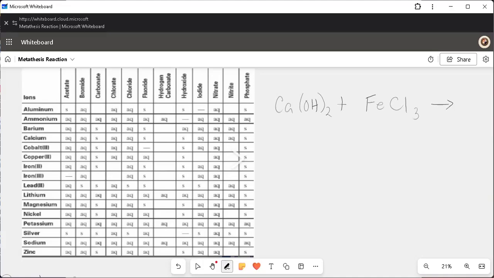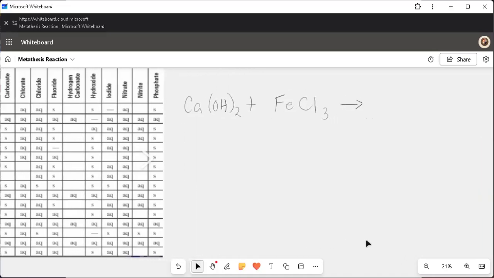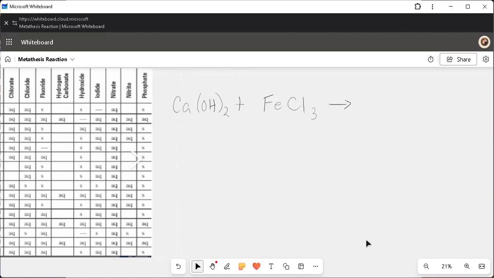So, what will be our product? Again, you have here Ca(OH)2 in aqueous and FeCl3 also in aqueous, meaning they are mixed with water. So what will be our product here?